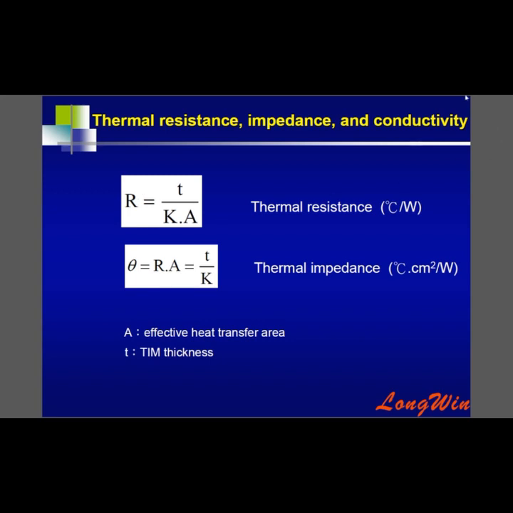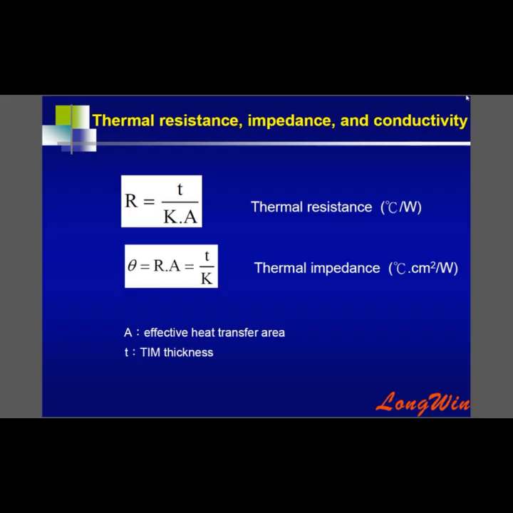And we'll continue to figure out the correlation between thermal impedance and the thermal conductivity. From the second formula, we can see the thermal impedance is equal to the thickness of the thin material divided by the thermal conductivity.